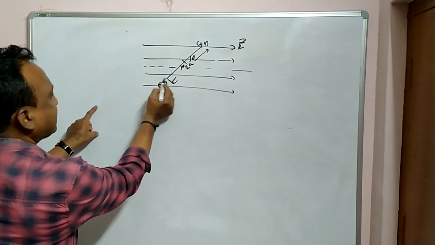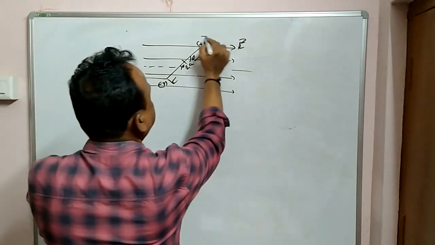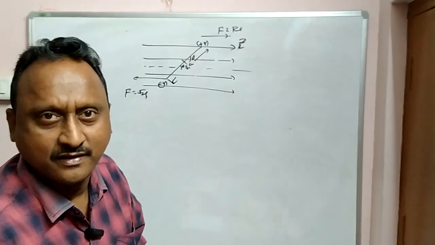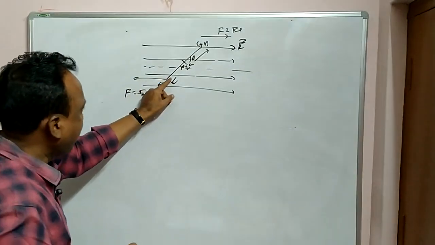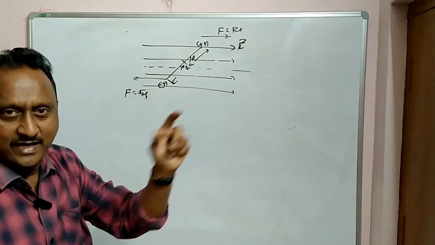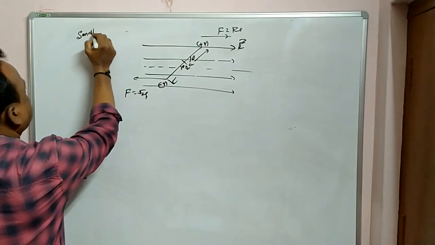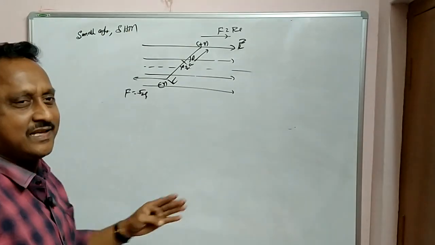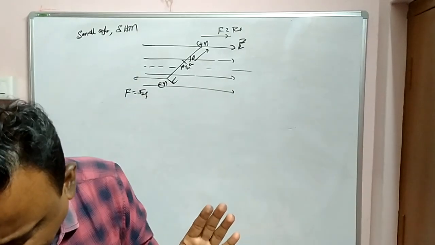Now I told you in this direction force F is equal to minus EQ, and in the other direction F is equal to EQ, and the torque will be acting and it will try to align along the direction of the field and it will try to become stable. Suppose it is slightly moved for small angles, then it will make simple harmonic motion.